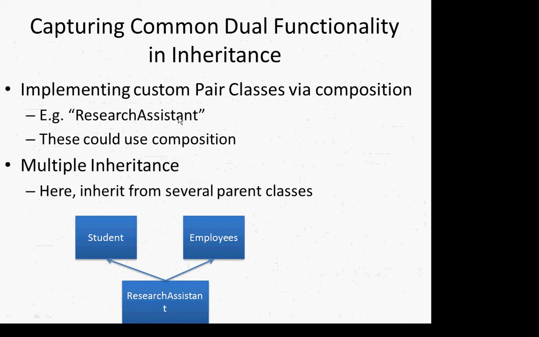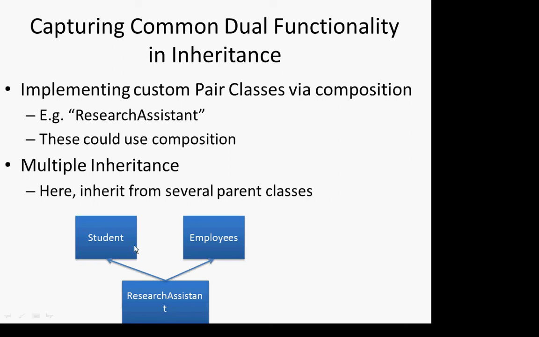If we want to capture this through inheritance, we could do so in a couple of different ways. For example, we might want to have a research assistant, and that's simultaneously a student and an employee. And there's several different ways to do that.